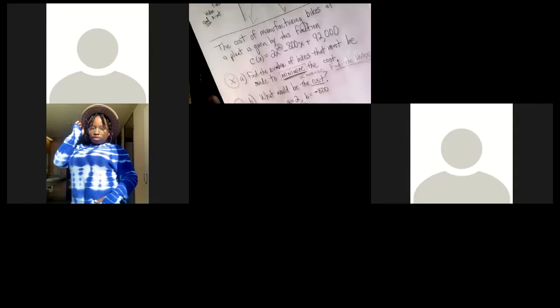Whatever answer you get for the x coordinate, plug it back into the function, and you get the y coordinate. So we use negative b, and b is negative 800, over 2a, and a is 2. All of this is used to find the x coordinate of the vertex.